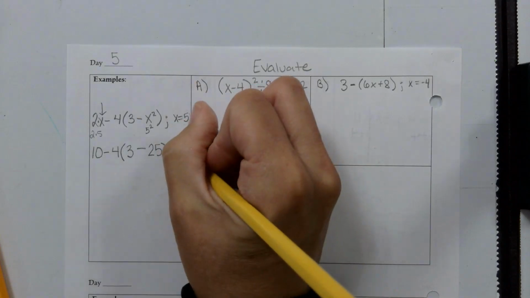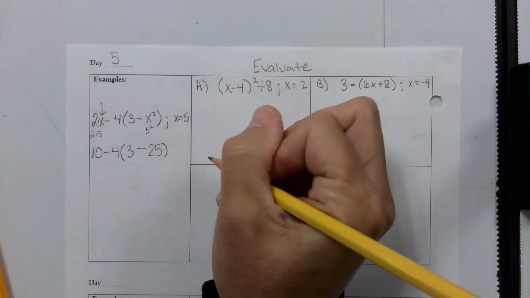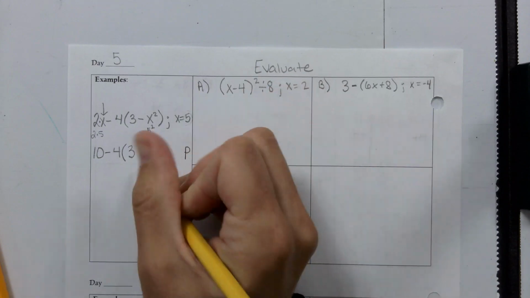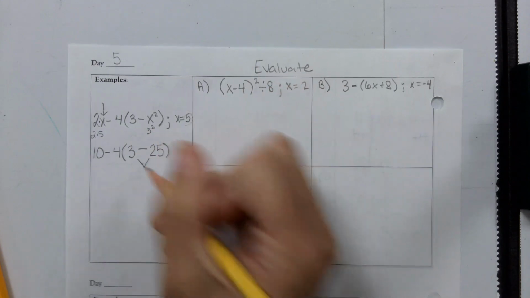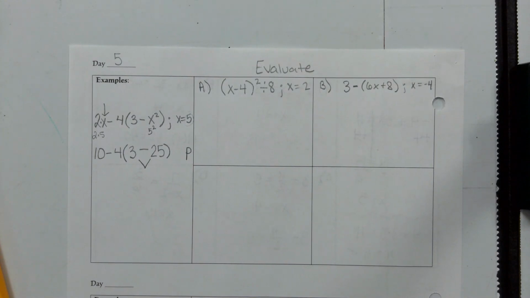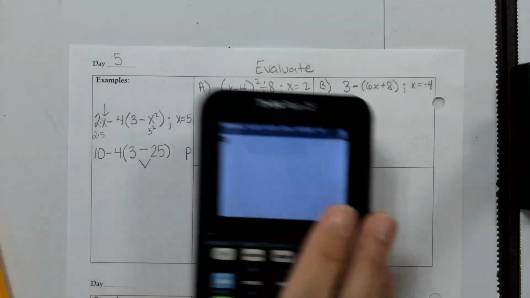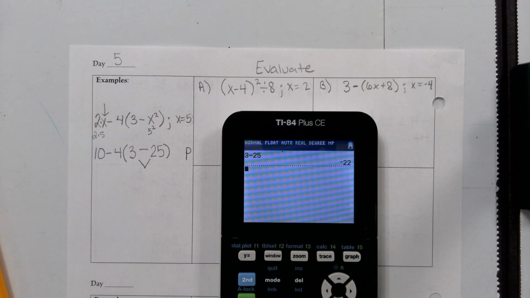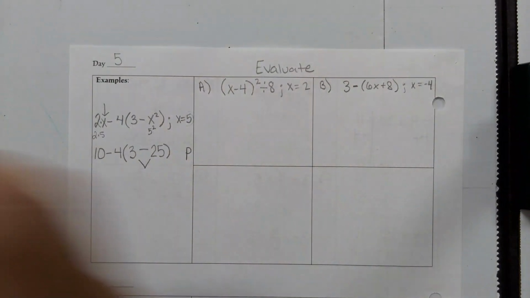Okay, now my order of operations kicks in. Please, for parentheses, has to come first. So this piece has to come first. Okay, I'm going to do 3 minus 25, which is negative 22. That's what I'm going to write in place of that parenthesis part.